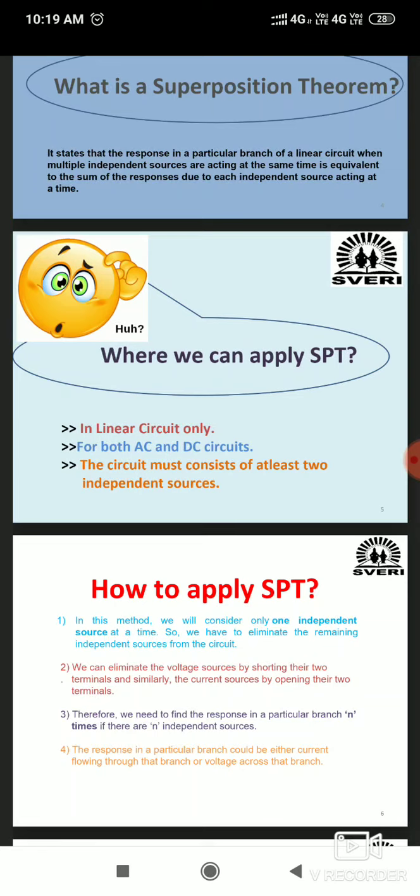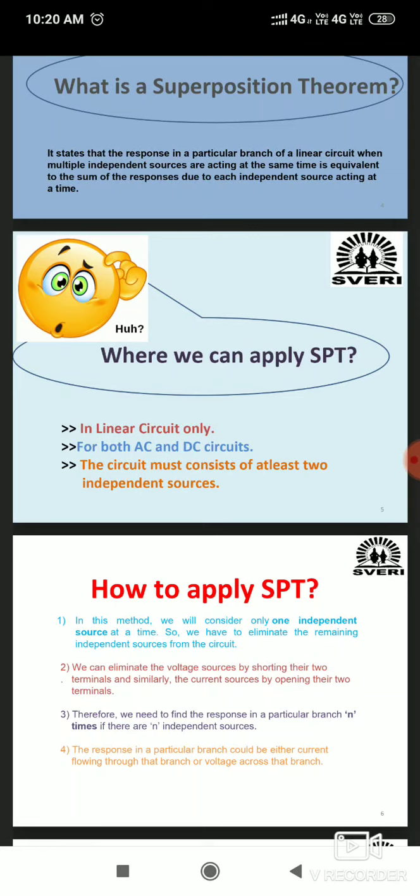The circuit may consist of both AC as well as DC, meaning we can apply it only to DC circuits, only to AC circuits, and a combination of both. The circuit must consist of at least two independent sources. This is very important.